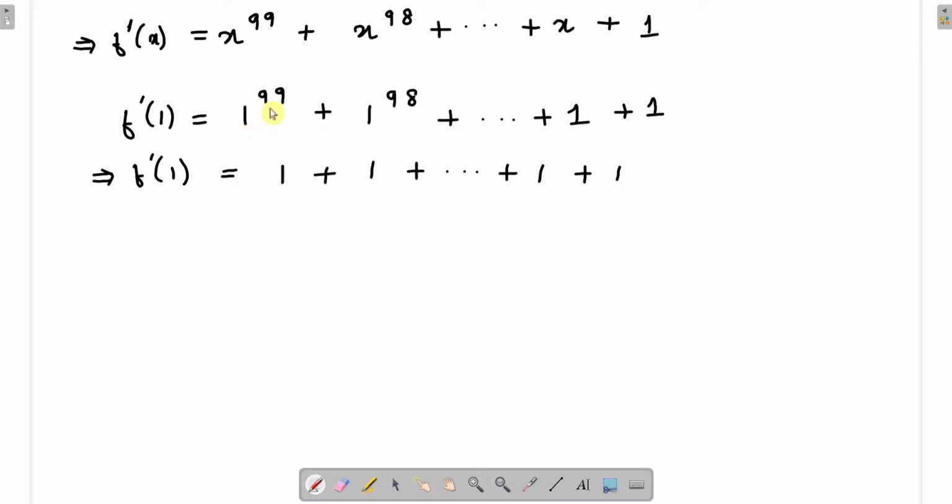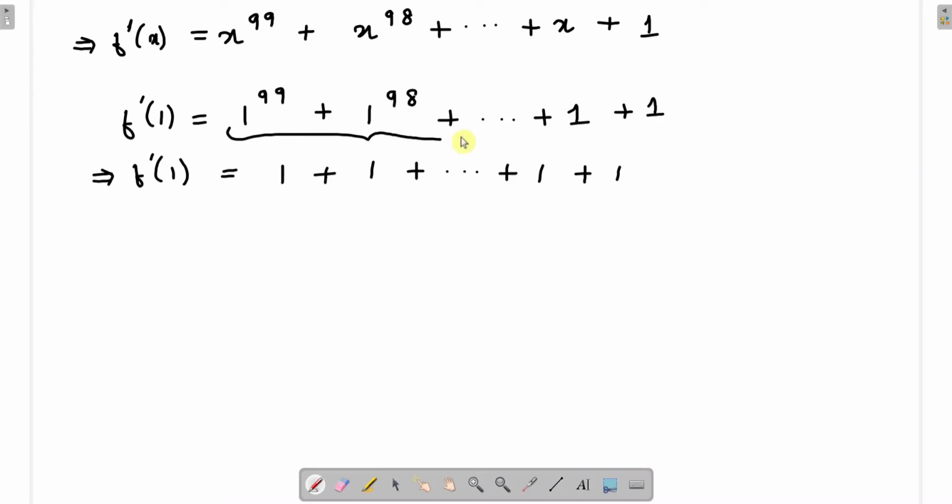You can see this is 1 raised to 99, which denotes the 99th term. And 1 raised to 98 denotes the 98th term, and so on, and this denotes the first term, because here you had 1 raised to 1.